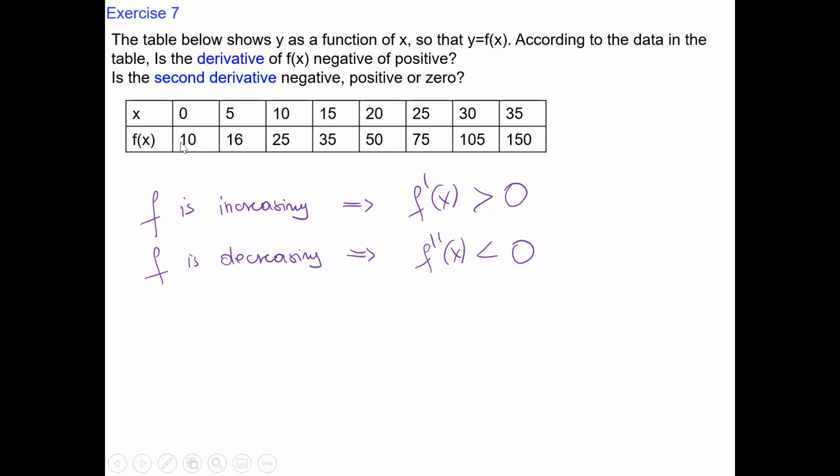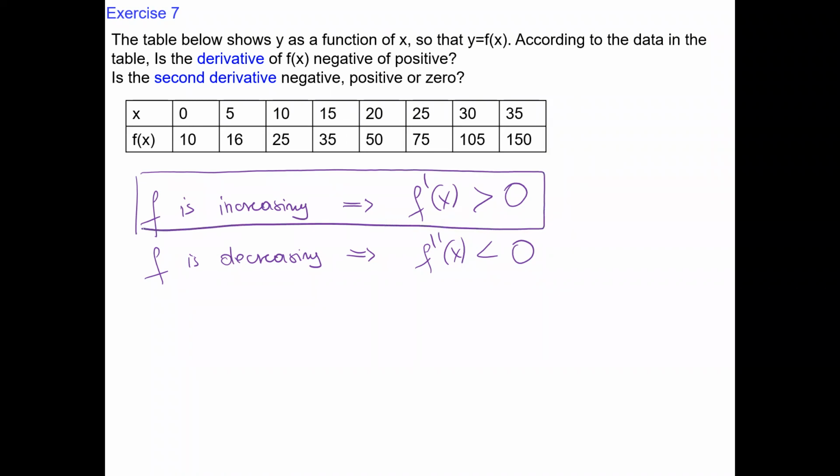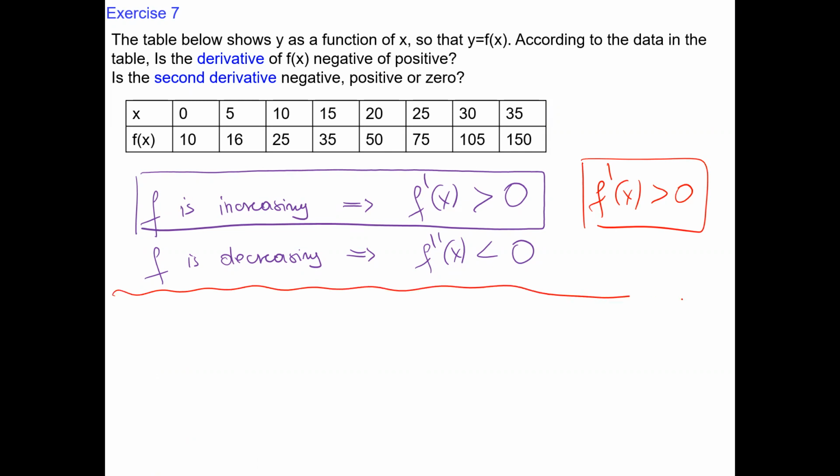Are they getting higher? 10, 16, 25, 35, 50, 75, 105, 150. Yes, that means the function is definitely increasing, then the sign of the first derivative is positive. This is the answer for the first derivative. Okay, now what about the second derivative?